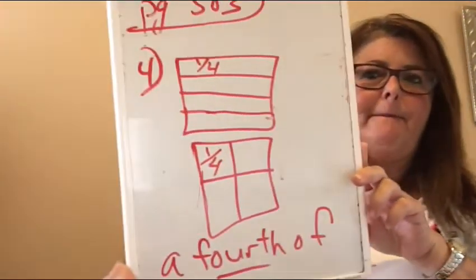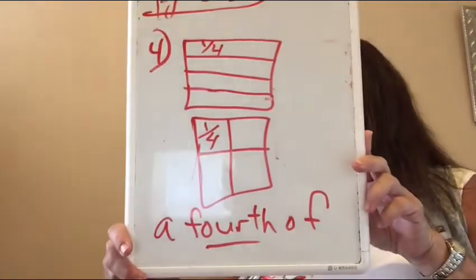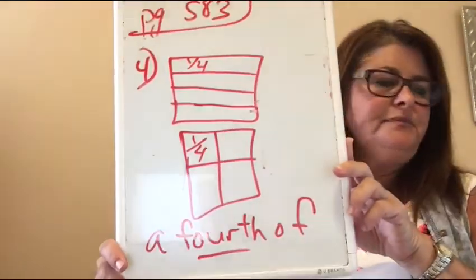Each box is 1/4 of, because it's broken up into 4 pieces. When it's broken up into 3 pieces, it is a 1/3 of. When it's broken up into 2 equal pieces, it is a 1/2 of.